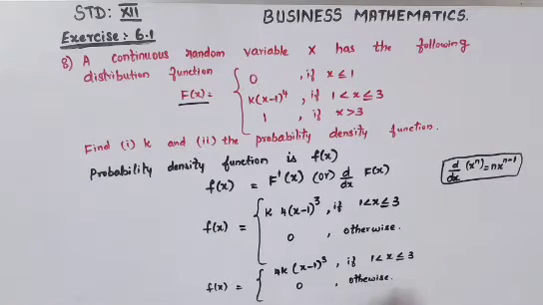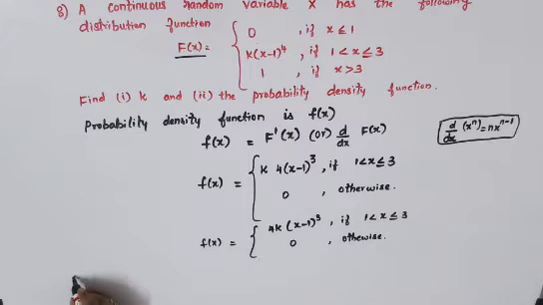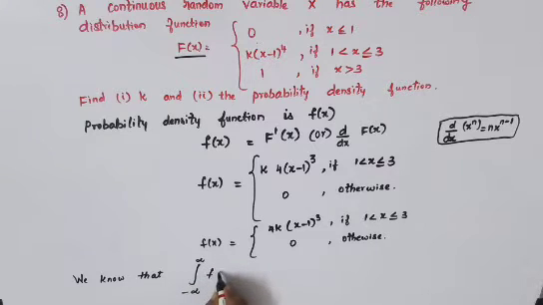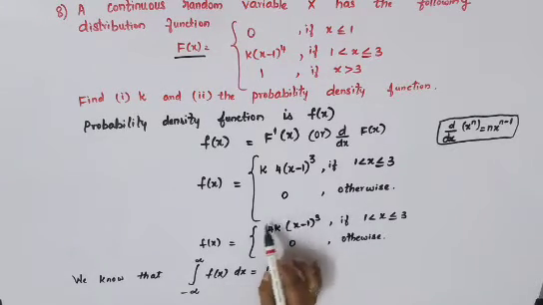So now we have got the probability density function. Now we'll have to proceed to find your k. We know that the integral from minus infinity to infinity of f of x dx is equal to 1. Here your f of x is this part.